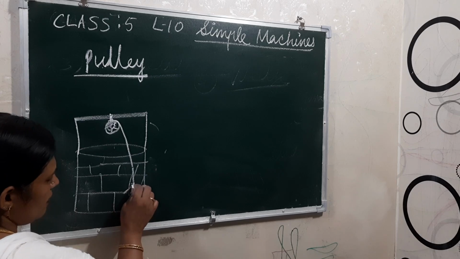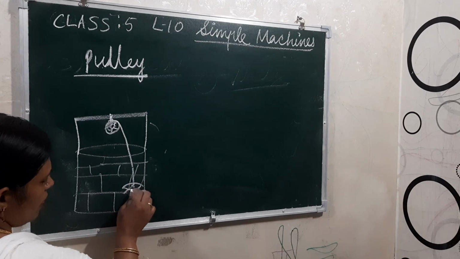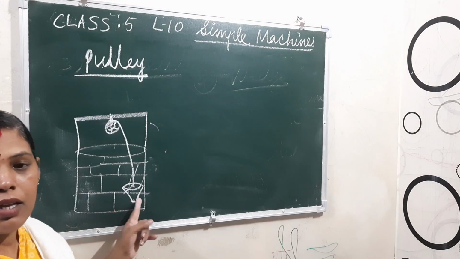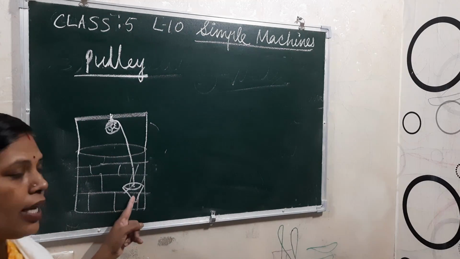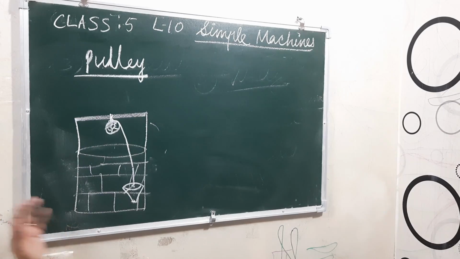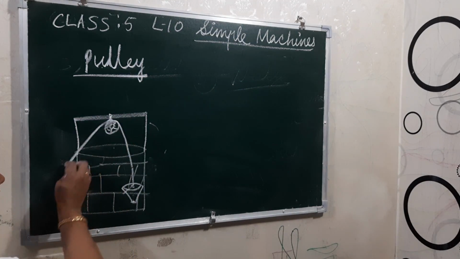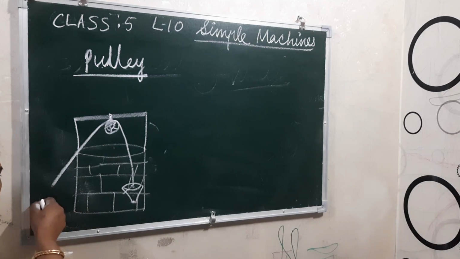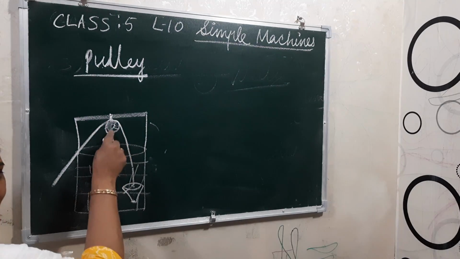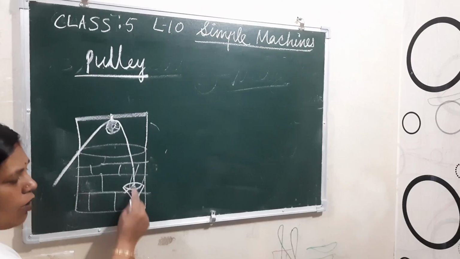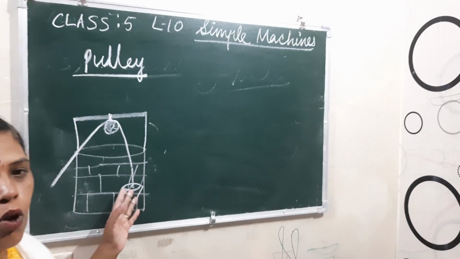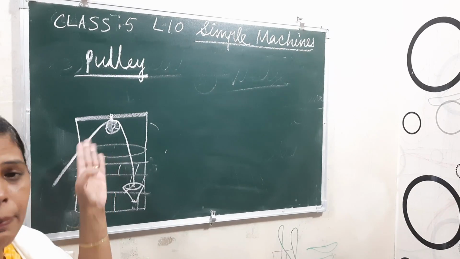You can attach the pail, the bucket, to the rope, and on one side the rope is in your hand. By pulling this rope, the pulley also rotates, right? Then the bucket comes down, and from below you can bring the water up. That is a simple pulley.